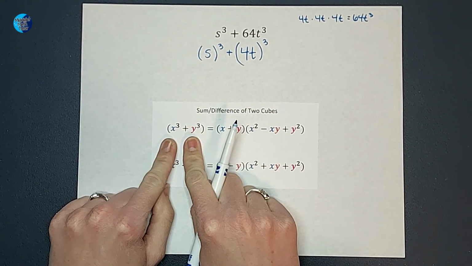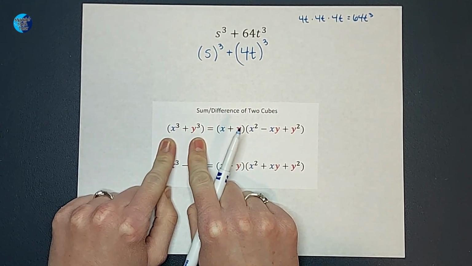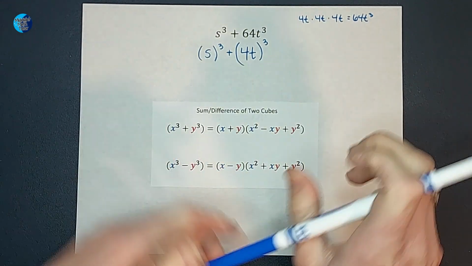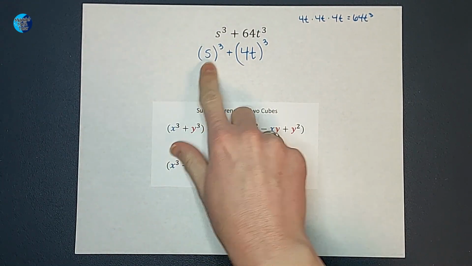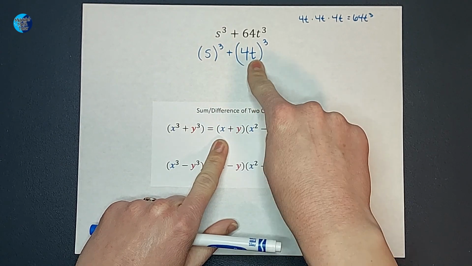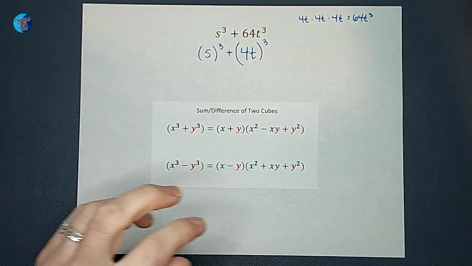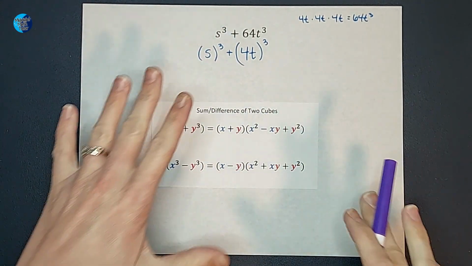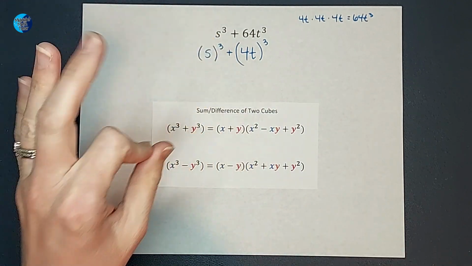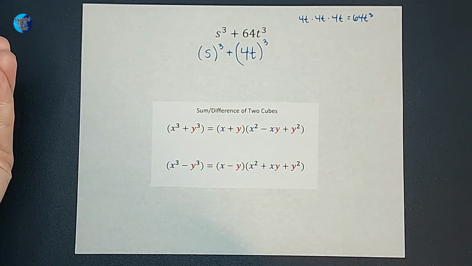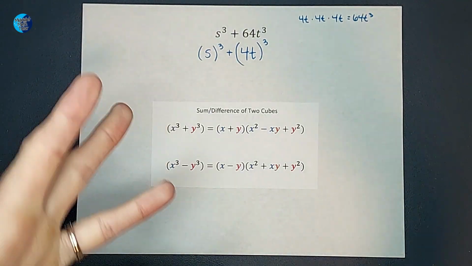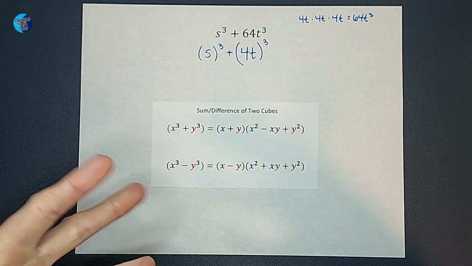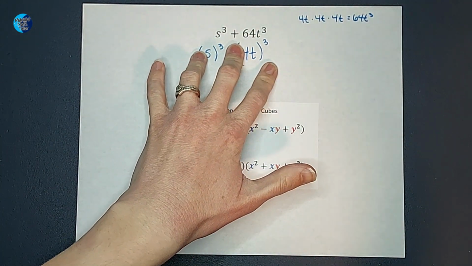And now it fits with my sum of two cubes. All right. So now I have s is my x and 4t is my y. One thing we do always need to remember when we are factoring is to always check to see if we can pull out a greatest common factor before we start to factor. This one didn't have it, so I forgot to mention it.